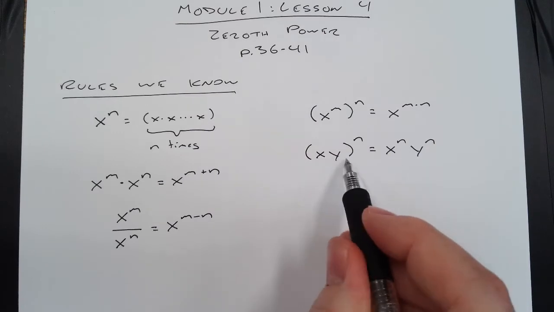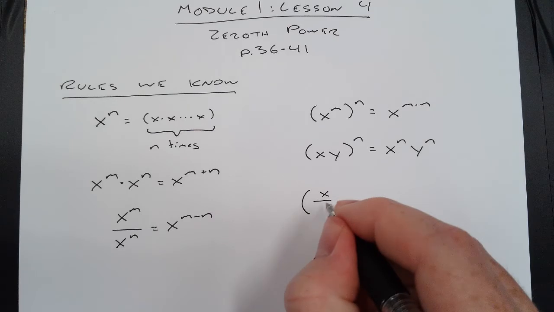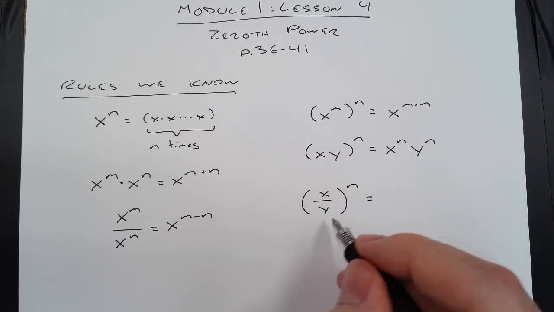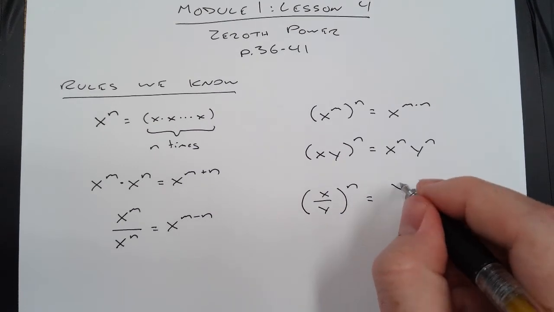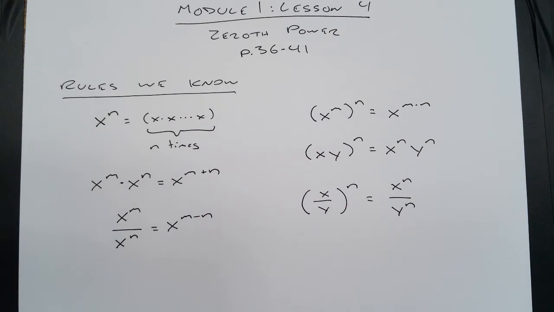That works when the two bases are multiplied by each other. And when the two bases are divided by each other like this, the exponent still gets passed to both of them. So those are the 6 things we've learned so far.